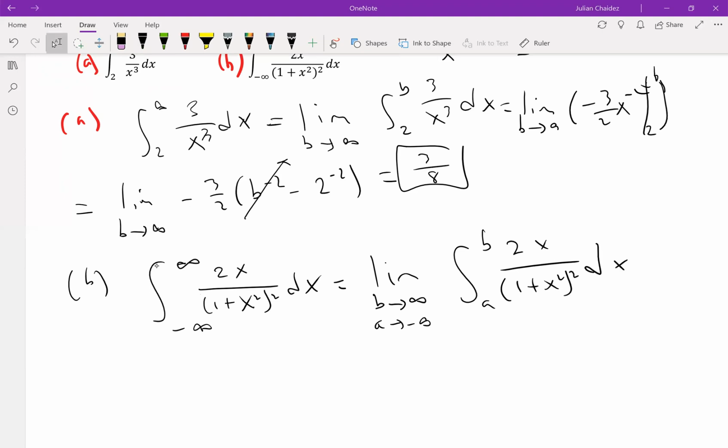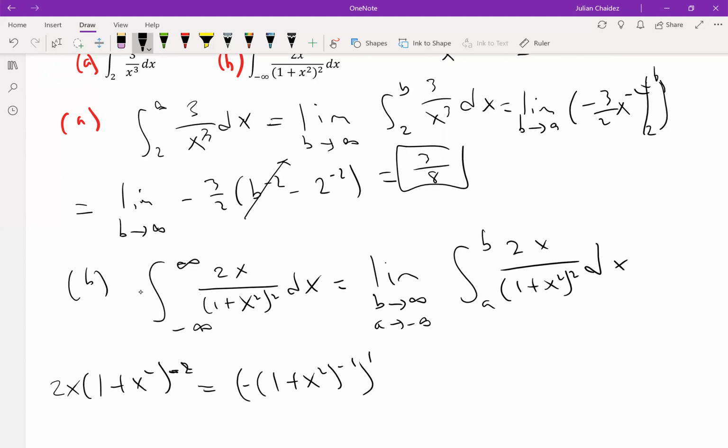Now to do the inner integral from a to b, you can either do u substitution or you can observe that 2x times 1 plus x squared to the negative 2 is just equal to the derivative of negative 1 times 1 plus x squared to the negative 1.